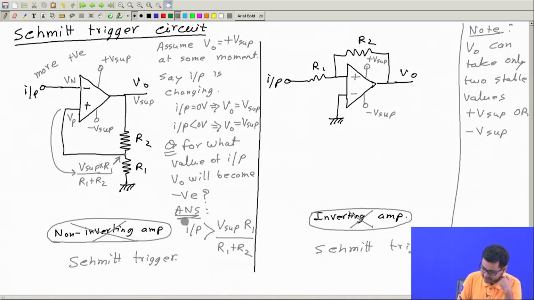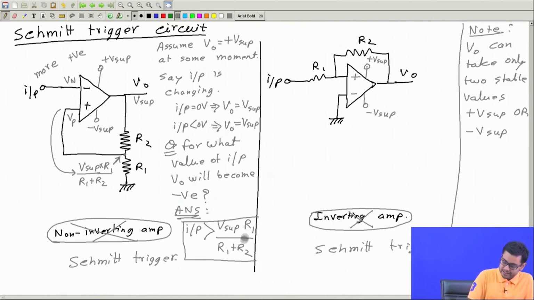If the input is, so this is the rule, if the input is greater than this value, this is a positive number, because V supply is right now, the output is positive. So, a positive value is coming here. Now, if I make the input more positive than this, that means V n more positive than V p, then output will switch immediately from a positive value to negative value, right.